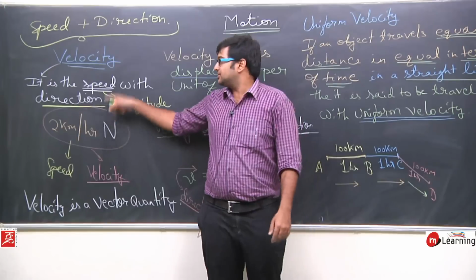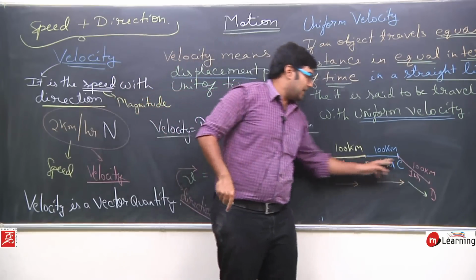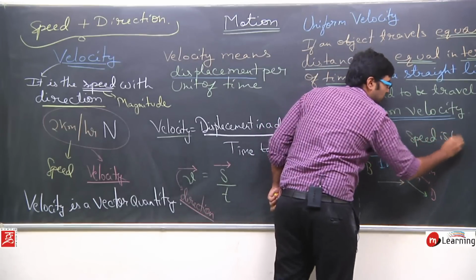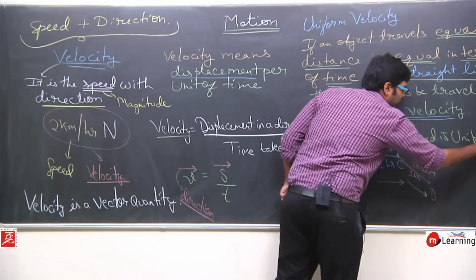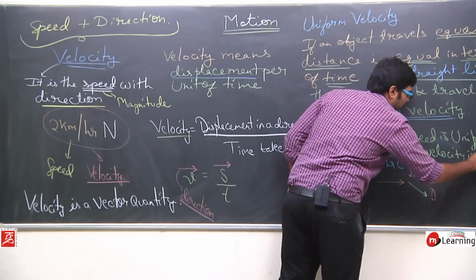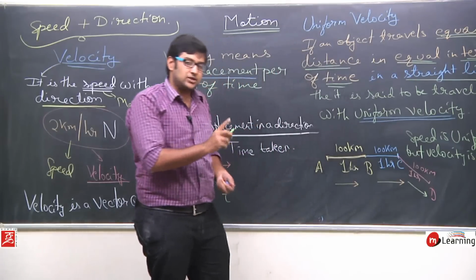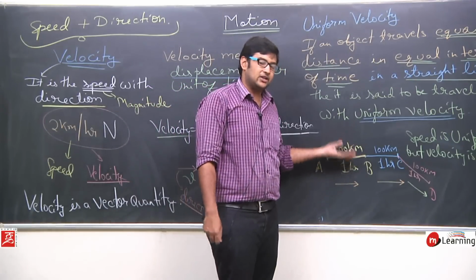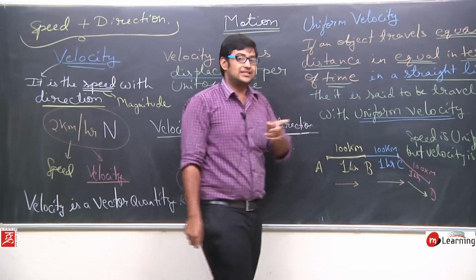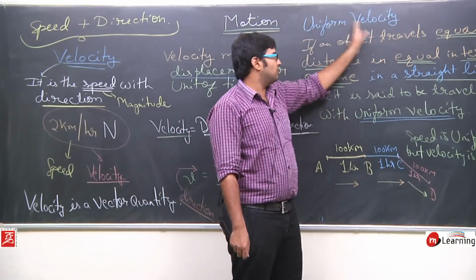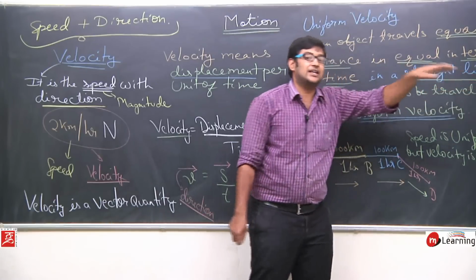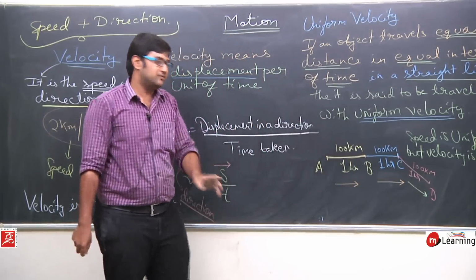But what is velocity? Velocity means speed plus direction. So here I will say that speed is uniform but velocity is not. Speed is uniform because he is traveling 100 km in 1 hour each time, but velocity cannot be the same. Reason? For uniform velocity, equal distances in equal intervals of time, it has to travel in a straight line, then only the velocity will be uniform, otherwise it cannot be.